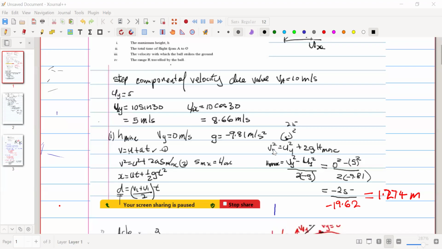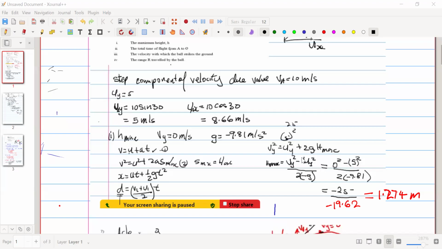So we went ahead and used the second equation, which was v squared equals u squared, but you notice these are Vy, Uy, plus 2g times Hx, which is the maximum. Transpose for Hx maximum, and we have 0 here minus 5 squared, because the initial velocity using the trig for the y component is 5. Then we got minus 25 for that because when you carry it over it becomes minus.